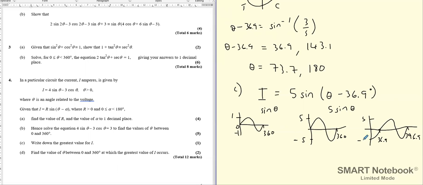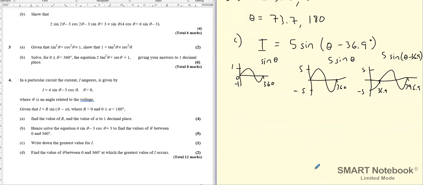This is still 5. This is still -5. So here is 5 sine theta minus 36.9. So in part C, when it asks us to write down the greatest value of I, the greatest value is simply the y value, and the greatest value therefore is 5.